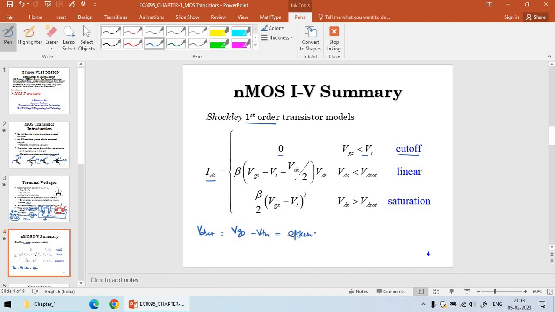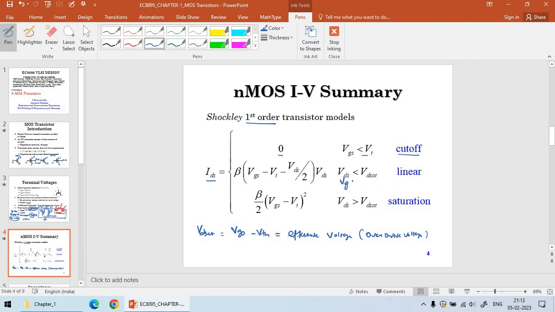It is called effective voltage, or it could be called overdrive voltage. That is called VDSAT, saturation voltage. When VDS is less than VDSAT, then the device is going to operate in linear region. What is beta? Beta is the conduction parameter, mu and Cox, W by L, and that is what this is.